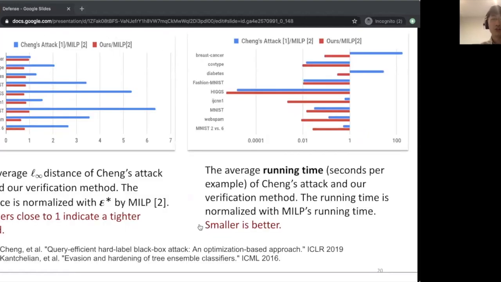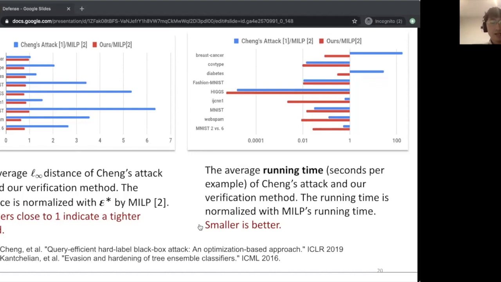So here we show the experimental results of our method. The red bars here are our method, and the blue bars here are from an adversarial attack method. For better comparison, on the left figure, we show the bound value normalized by the ground truth epsilon star value calculated by MILP. Because we are solving the robustness verification bound, our red bars are always less than 1.